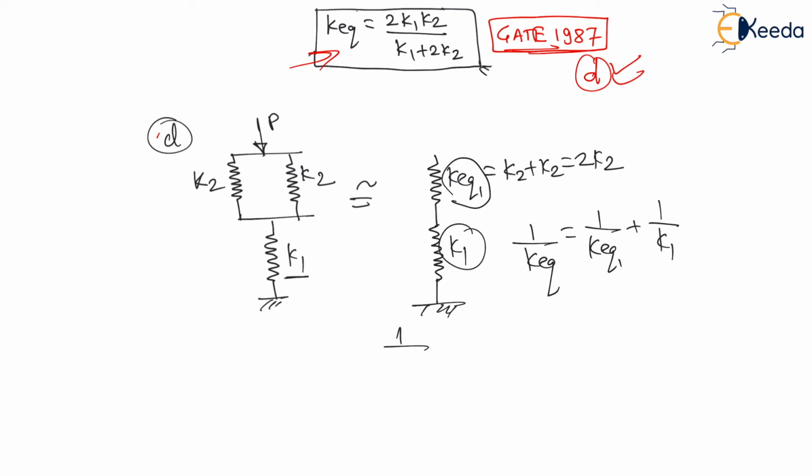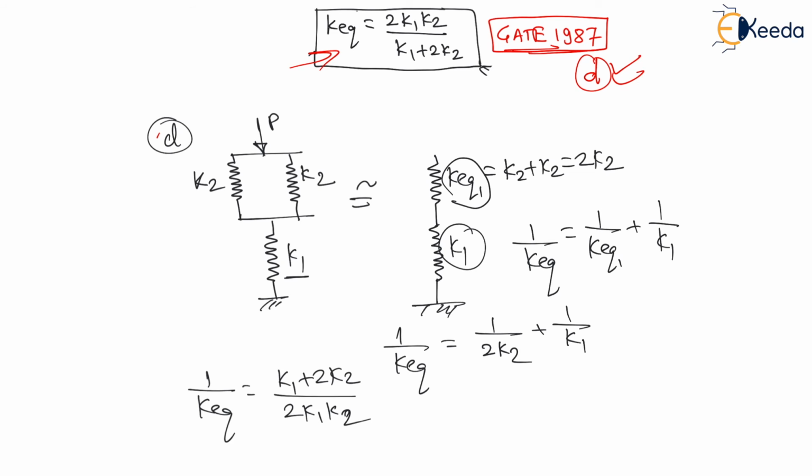Let us put 1 upon k equivalent is equal to 1 upon 2k2 plus 1 upon k1. Again, cross multiply this. Therefore, 1 upon k equivalent is equal to k1 plus 2k2 divided by 2k1 k2. If I take the reciprocal, k equivalent will be equal to 2k1 k2 divided by k1 plus 2k2.